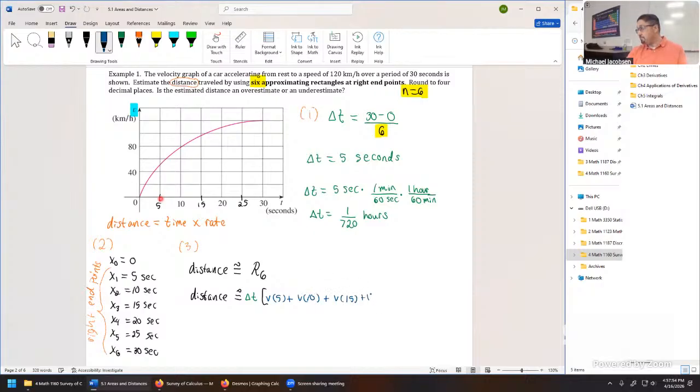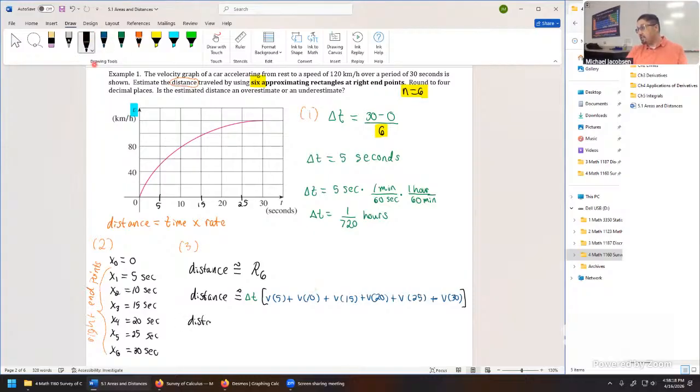Velocity at 15, velocity at 20, plus velocity at 25, plus velocity at 30. So far, this is really just the formula with the endpoints just plugged in to our new function, the velocity function.